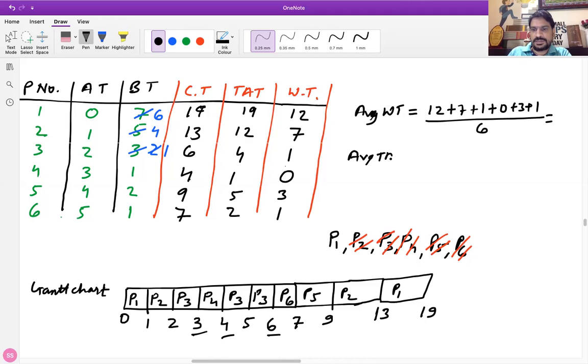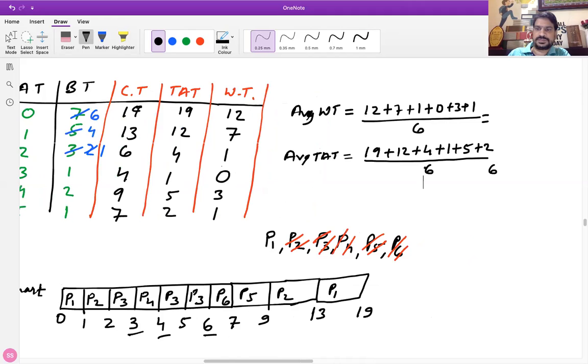Average turnaround time. So what is the average turnaround time? Here it is 19 plus 12 plus 4 plus 1 plus 5 plus 2 divided by 6.